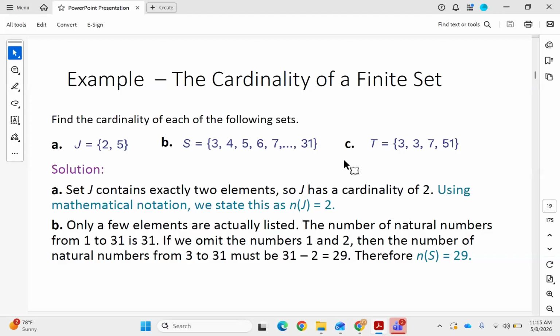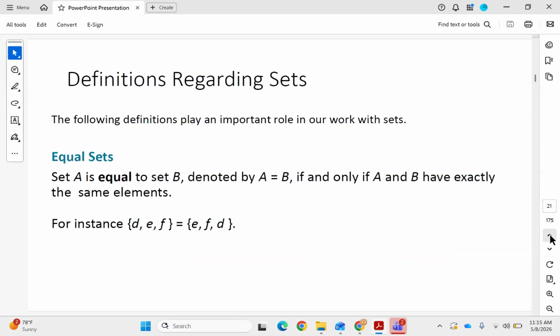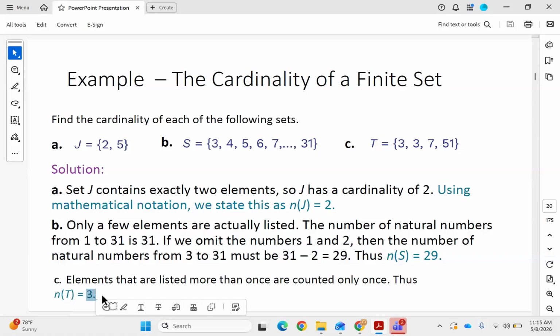However, sets are defined based on the elements that you have inside. So if you recall, sets do not depend on repetitions. So even though the 3 is repeated twice, it should only be counted as 1. So the cardinality here is actually 3. I have it right below. Because if you were to ask me to describe the numbers that are in the set T, I would say 3, 7, and 51.